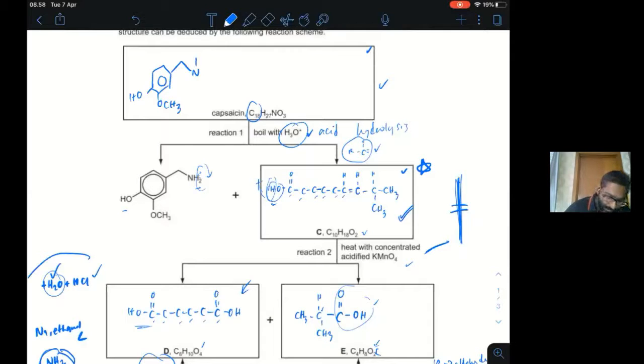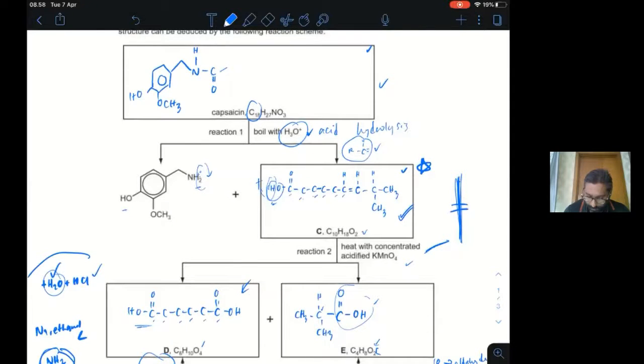So H will be here, and then you will have C double bond O, and then you have how many C? 1, 2, 3, 4, 5.